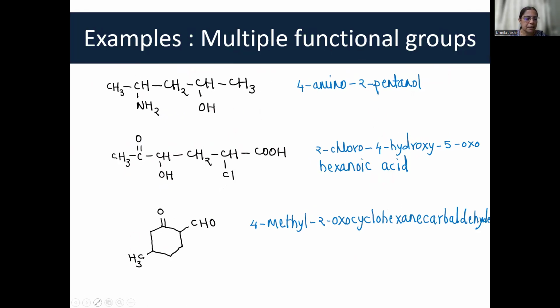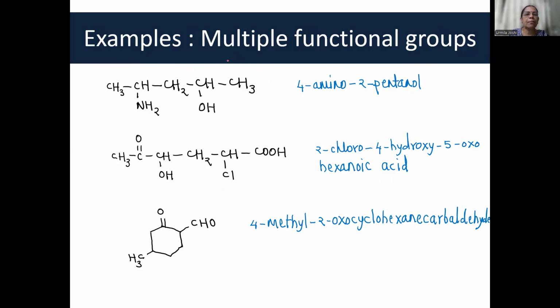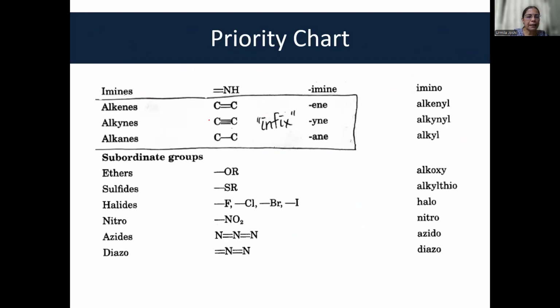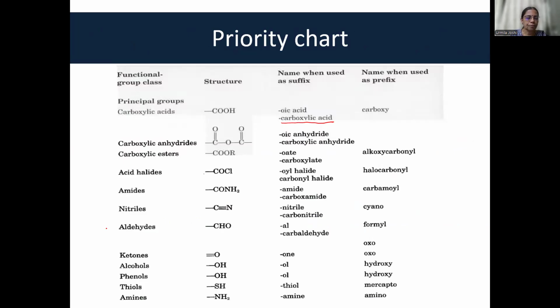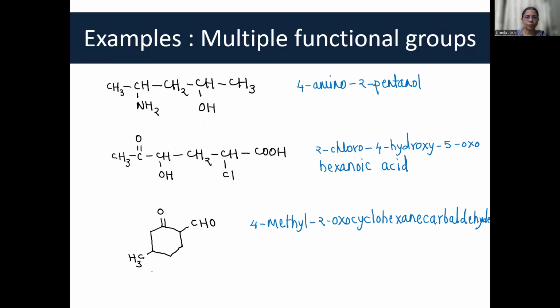Now the next example. In the next example, there is one amino group and there is a hydroxy group. As we saw earlier in the chart, alcohol is above amine. So alcohol gets priority. So the numbering should be such that alcohol gets the lowest possible number.